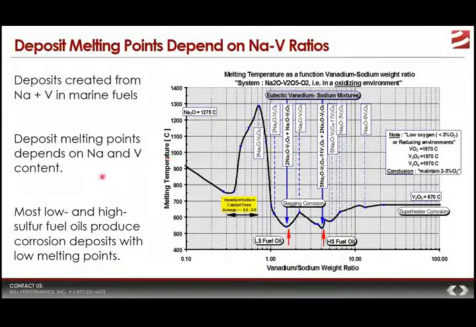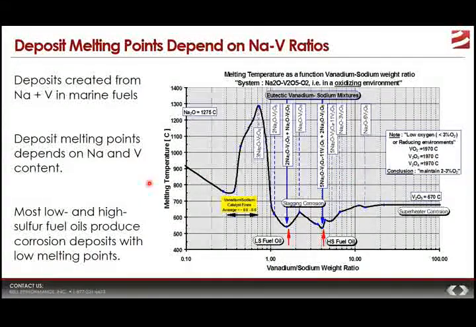Now, this is a relatively complicated graph, but it's designed to show us how the melting points of different complexes depend on the ratios of sodium and vanadium that they contain, the sodium and vanadium that come from the fuel oil. It doesn't come from the air, it doesn't come from anything else. The sodium content and the vanadium content of the fuel oil directly influence all of this. So that's the first thing it shows.